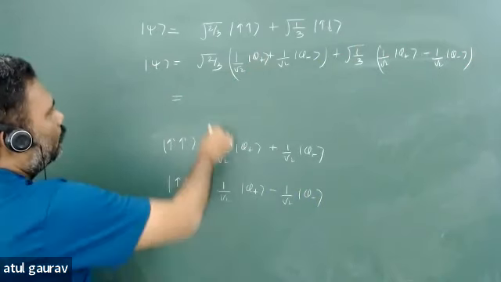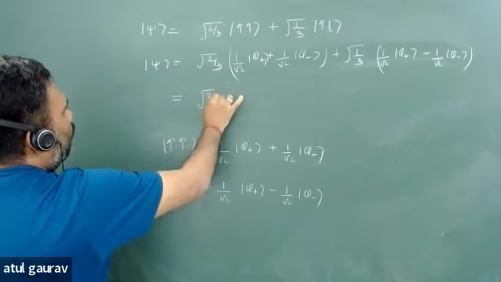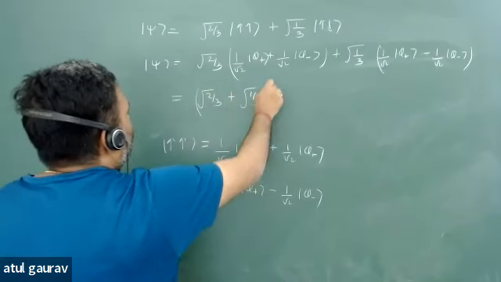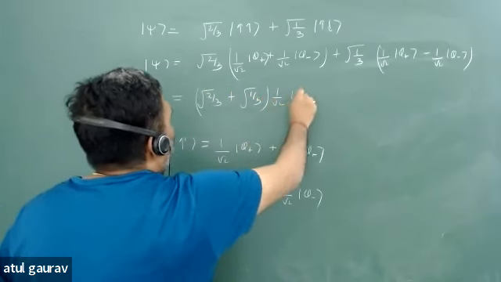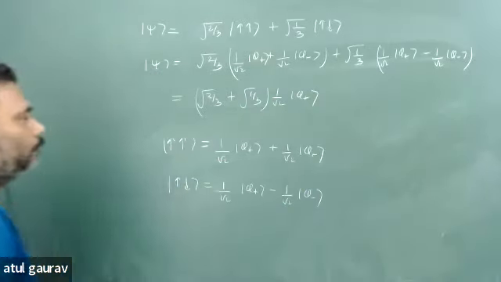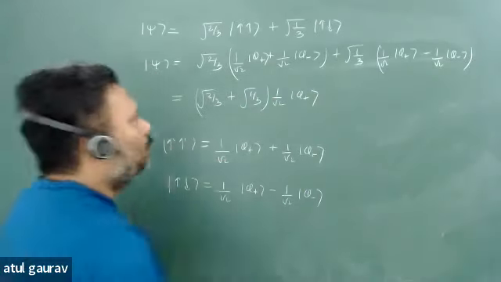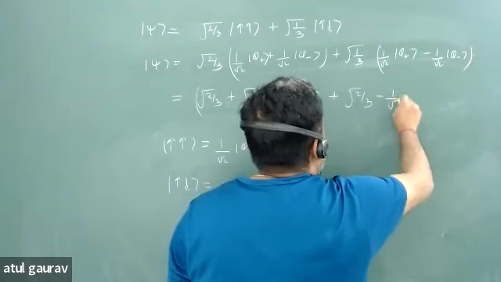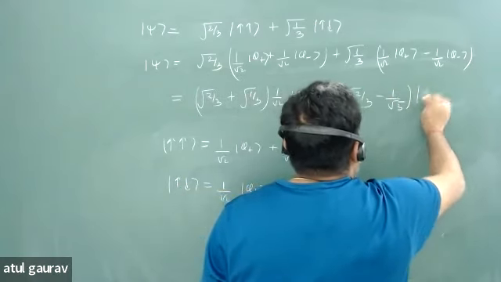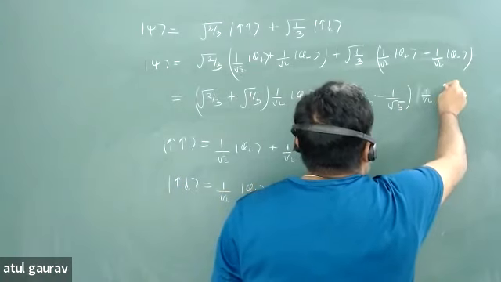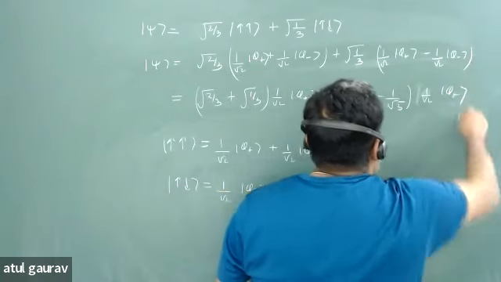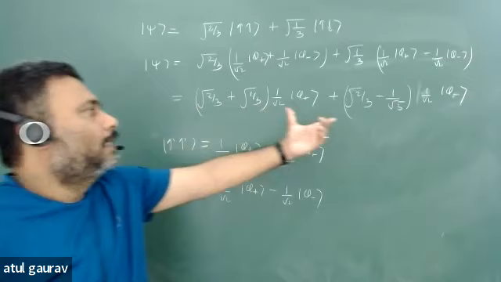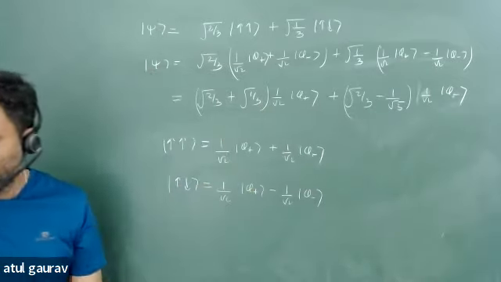So what will happen? Root 2 by 3 plus root 1 by 3, times 1 by root 2 phi plus, plus root 2 by 3 minus 1 by root 3, times 1 by root 2 phi minus. Are you getting my point? Now you can check whether these are normalized or not.